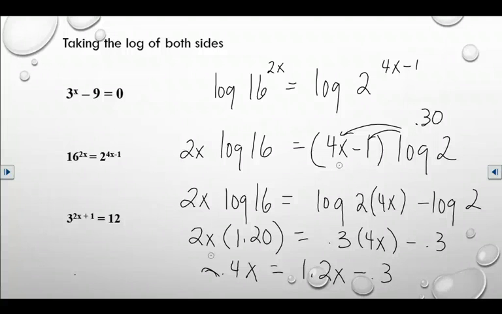So bring the 1.2 over, right? That'd be minus 1.2. So that'd be 1.2x is equal to negative 0.3. Y'all check me on that. Divide by 1.2.